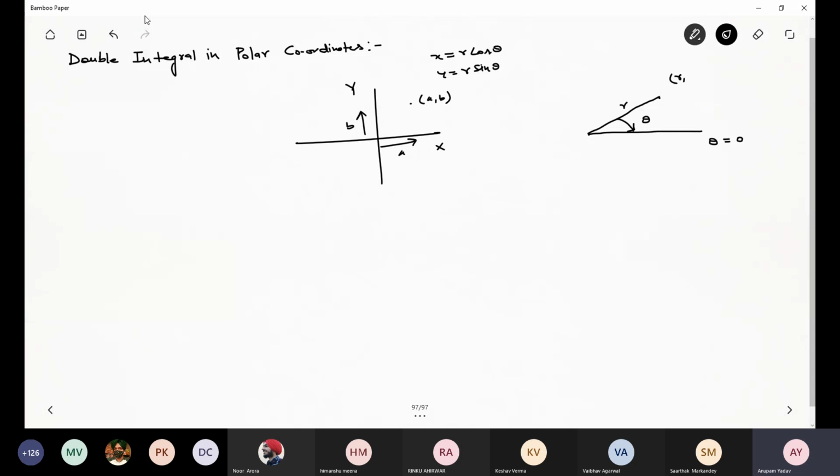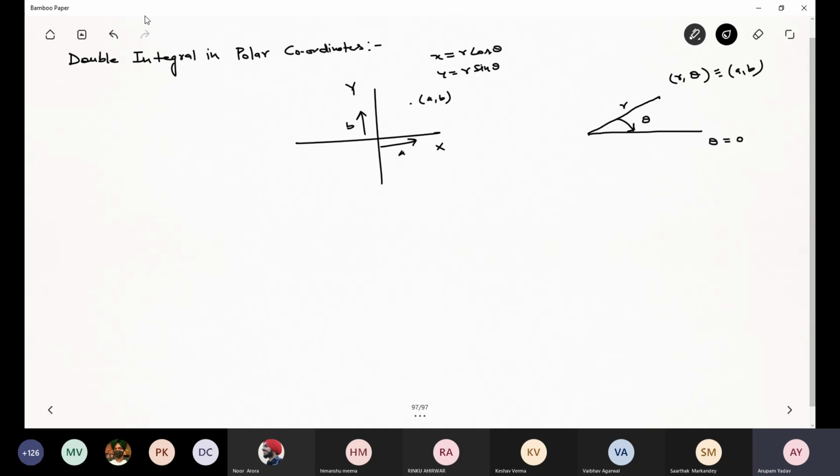If this angle is theta, the point is r comma theta. This is the equivalent of a comma b in the Cartesian coordinate system. Whenever we want to convert this (a, b) into the polar system, we use the substitution x equals r cos theta and y equals r sin theta.